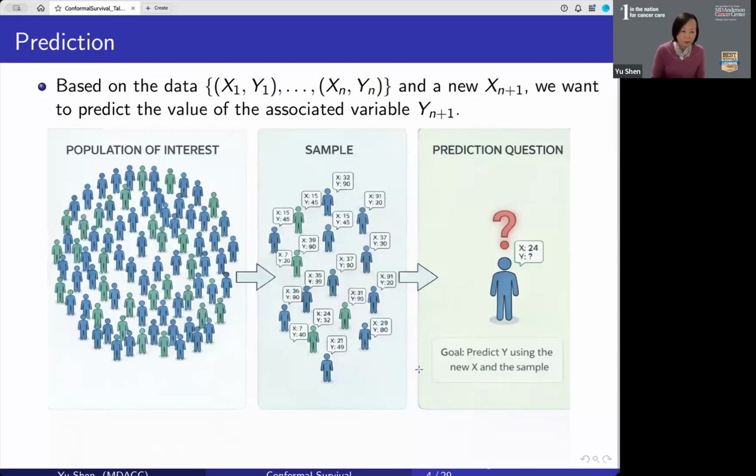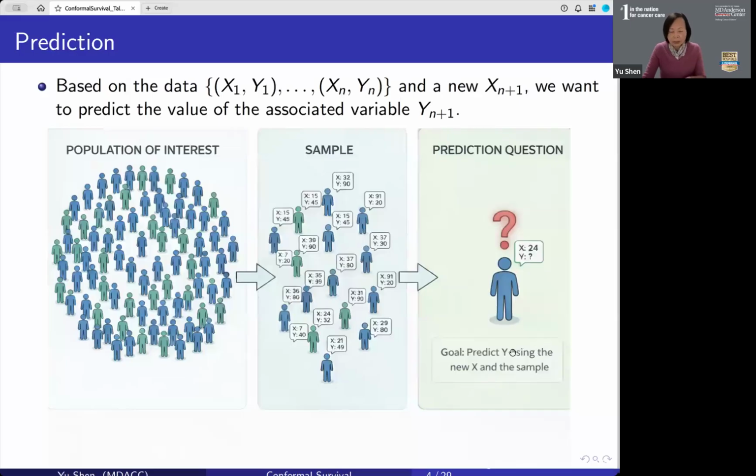For example, we have a population of interest, IBC patients, and a random sample cohort where we observe both covariates X as well as the outcome. We're not directly interested in building models to associate X to Y, but more importantly we want to predict for a future patient.